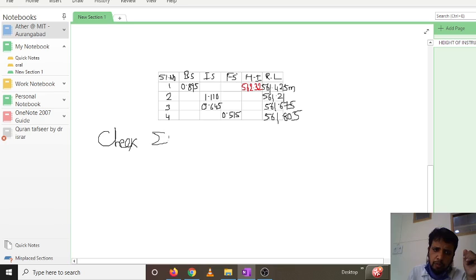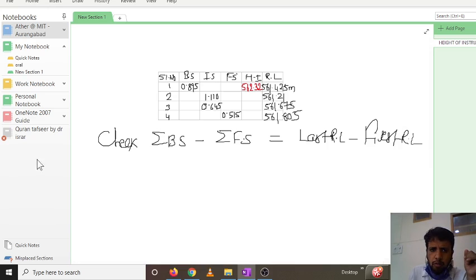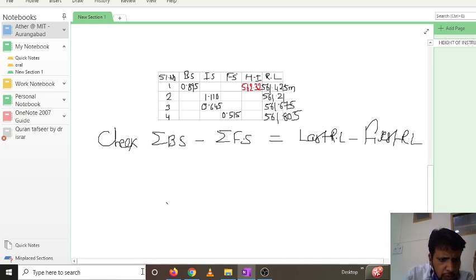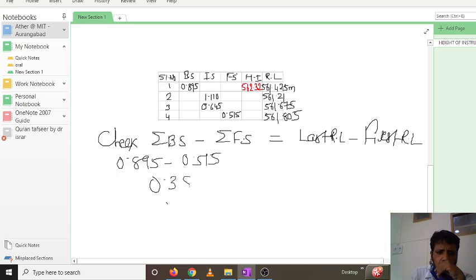The check is: summation of backsight minus summation of foresight is equal to last RL minus first RL. If you take the summation of backsight minus summation of foresight, this is equal to 0.895 minus 0.515, so this is equal to 0.38.